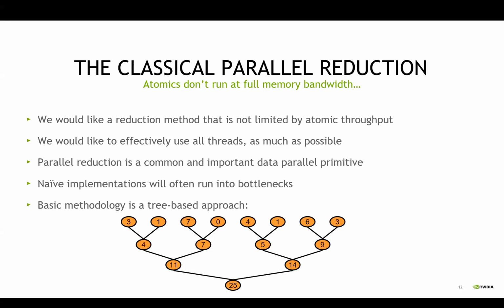With a size 4, we can again do pairwise additions, and we reduce our data set to a size of 2, 11, and 14. And in our final step, we do one more pairwise addition to produce our final result, 25. So this, of course, ends up with a single operation, but it starts out at least with a set of threads or a set of operations that's comparable, that's on the order of the size of our input data set. So this is interesting.